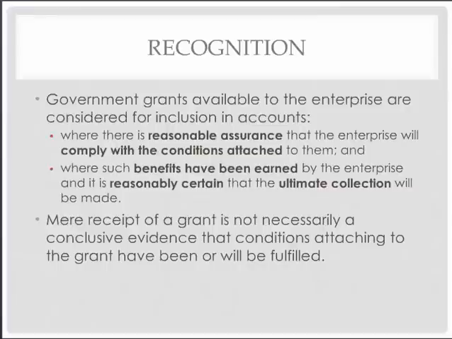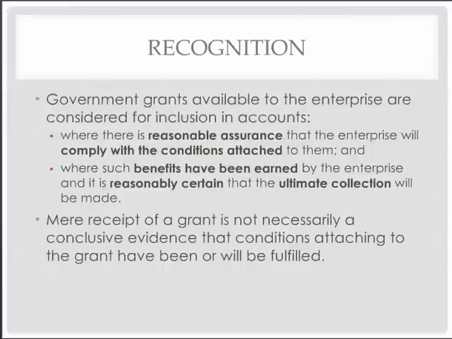First, that you are reasonably assured that all the conditions will be fulfilled. That is, you unnecessarily do not want to account for a government grant and then account for a refund. Instead, unless you are reasonably assured that the conditions will be fulfilled, you should not account for the government grant at all. Only when you are reasonably assured, you should account for the government grant.